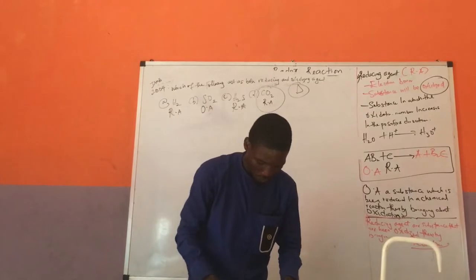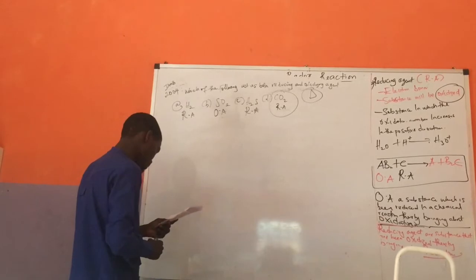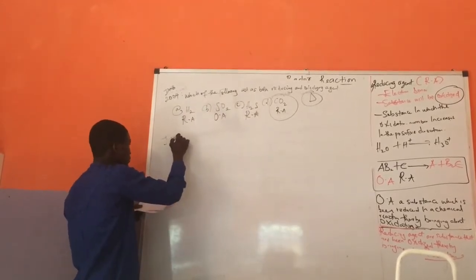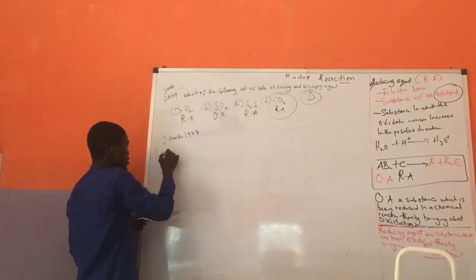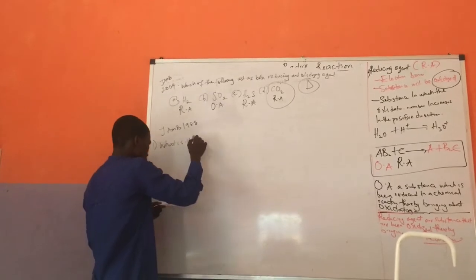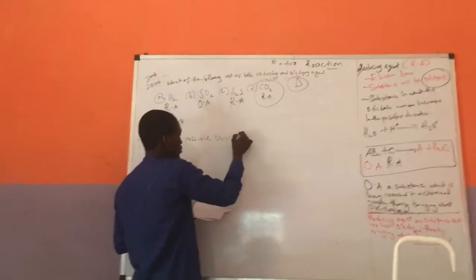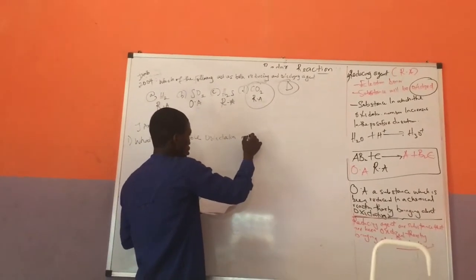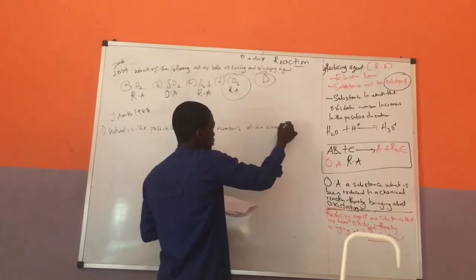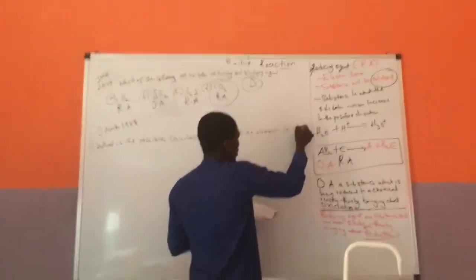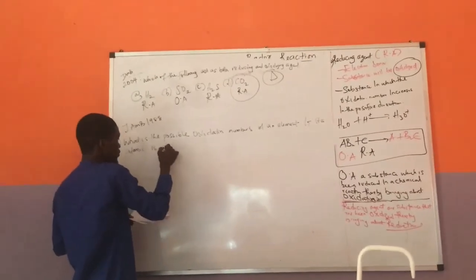So the next one, that's our main question now. The next question is JAMB 1988. What is the possible oxidation number of an element if its atomic number is 17?